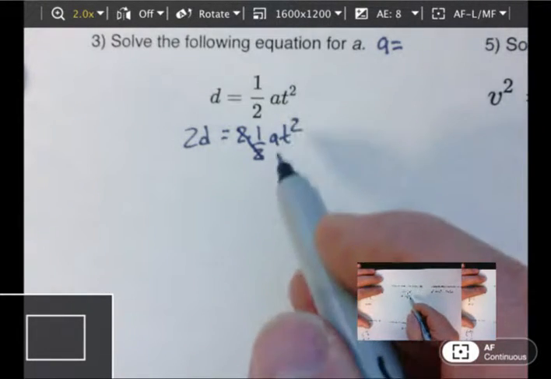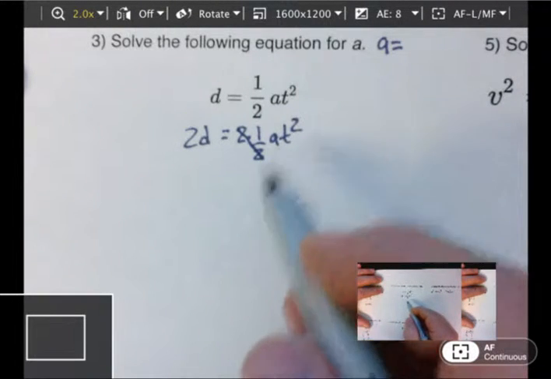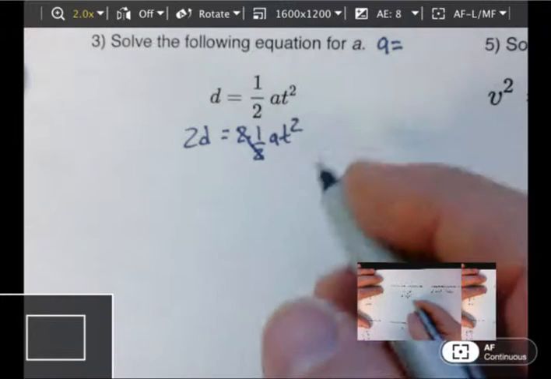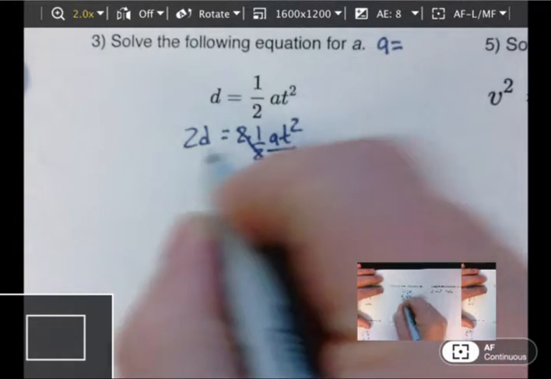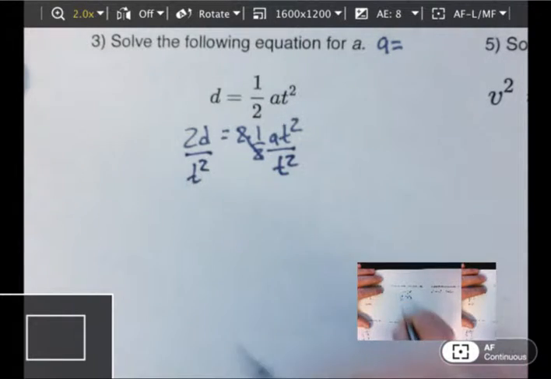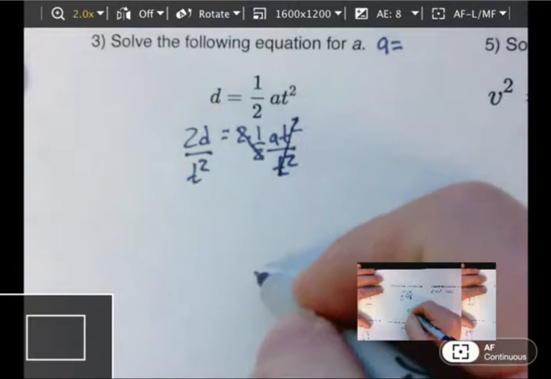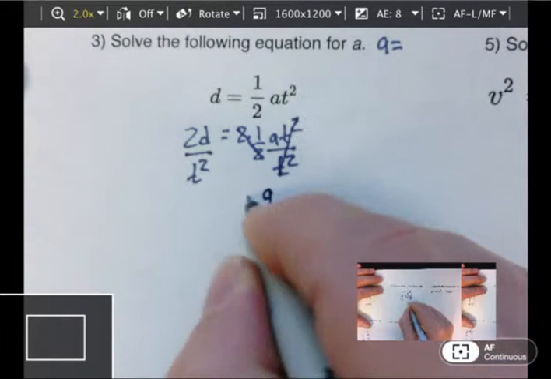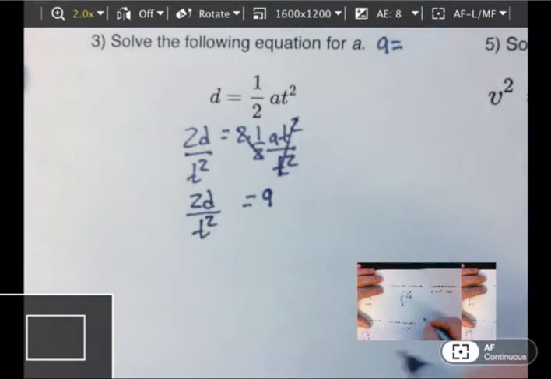We want a by itself, and a is now being multiplied by t squared. So the way to get rid of t squared, since it's being multiplied, is to divide. We'll divide both sides by t squared. T squared over t squared is 1, so it cancels, and we're left with a equals 2d over t squared.